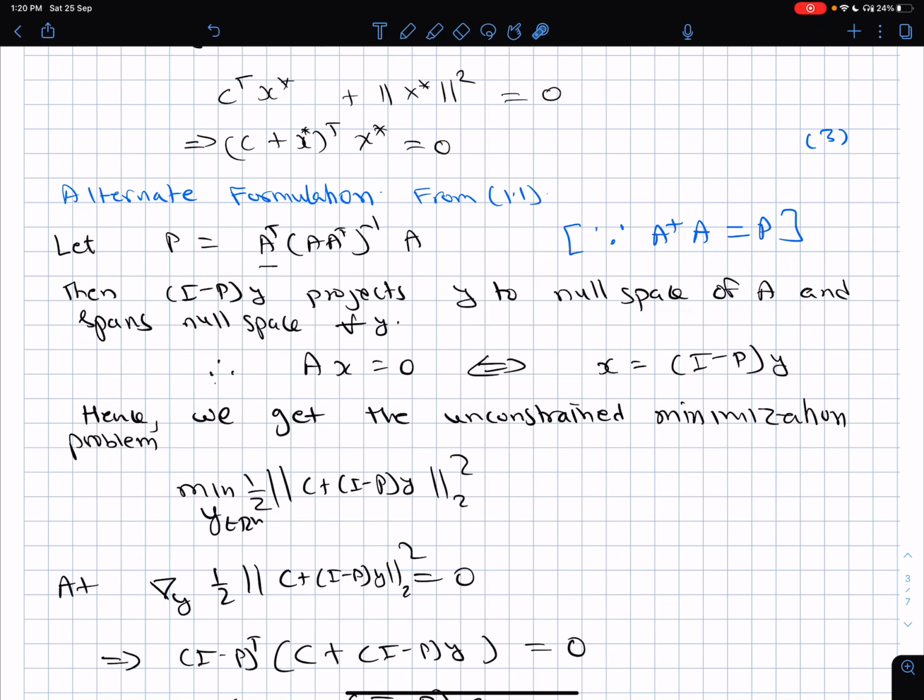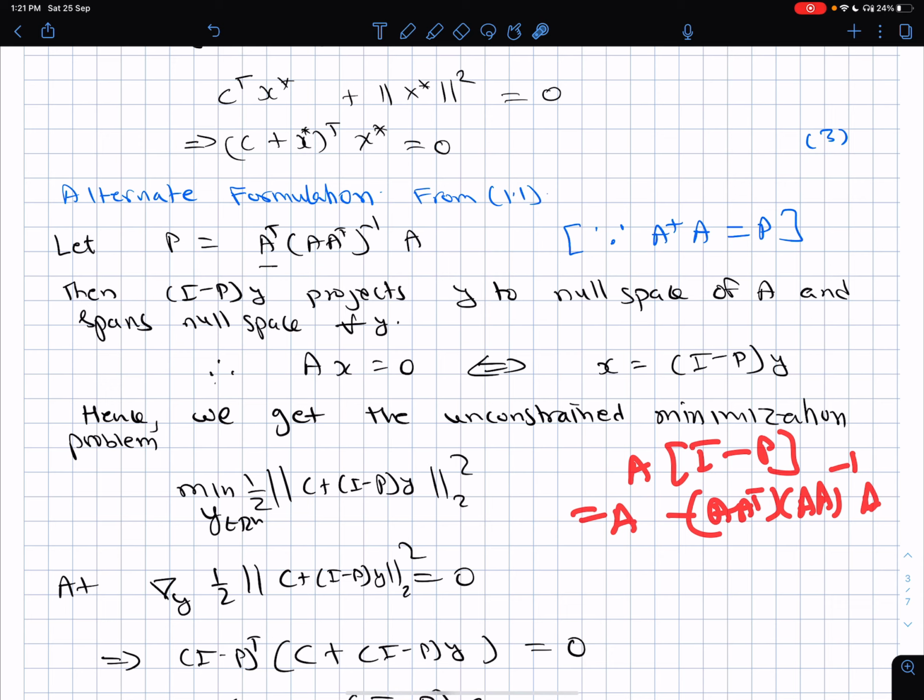Because if you look at A times I minus P, that is going to be A minus AA transpose times AA transpose inverse times A, which is A minus A, which is a zero vector.